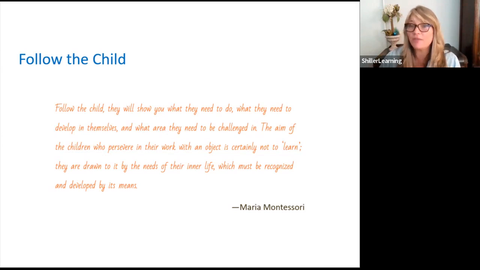The length of each period of the 3-period lesson is going to vary greatly from child to child because each child's needs, where they're starting off with that beginning knowledge, and the way in which they learn is different. One lesson may take a child 5 minutes to do, and it could take another 15 minutes.